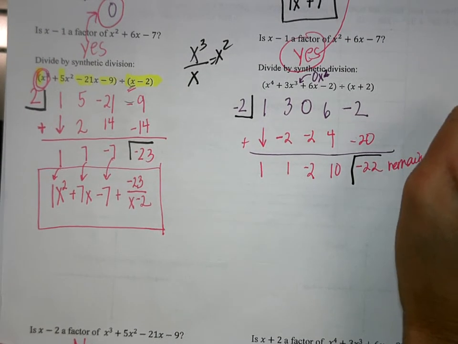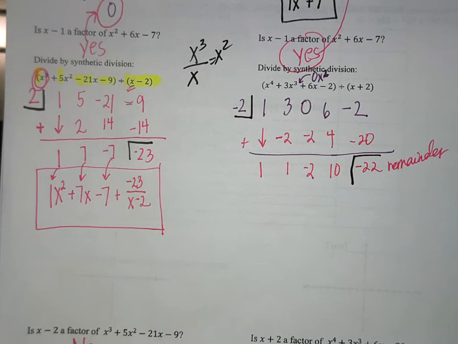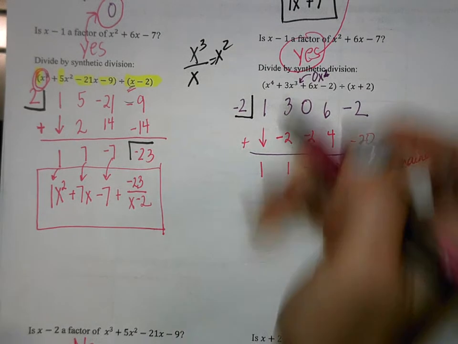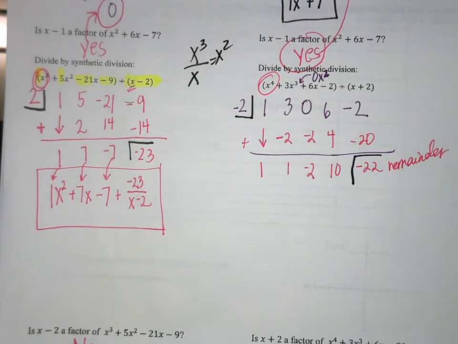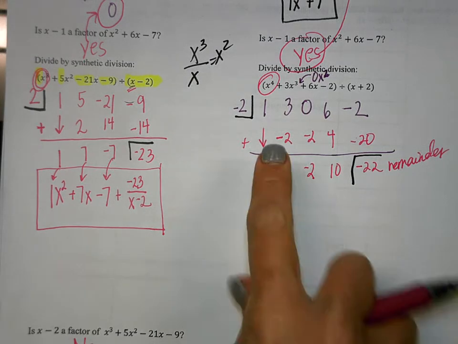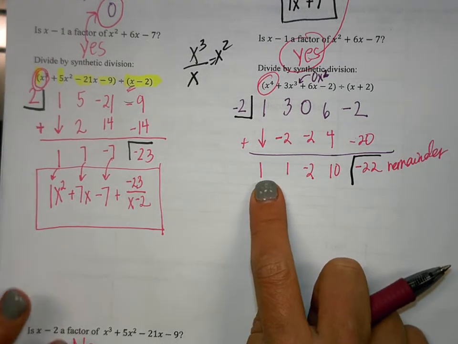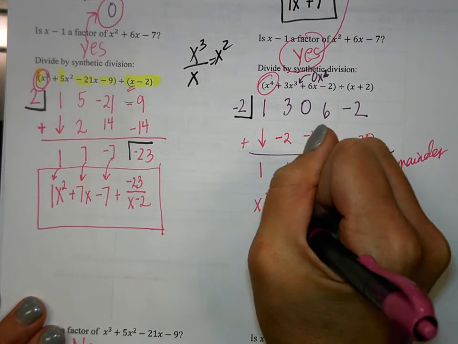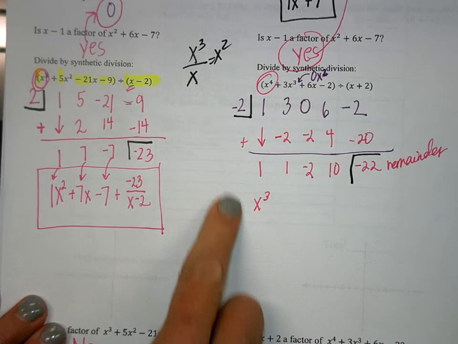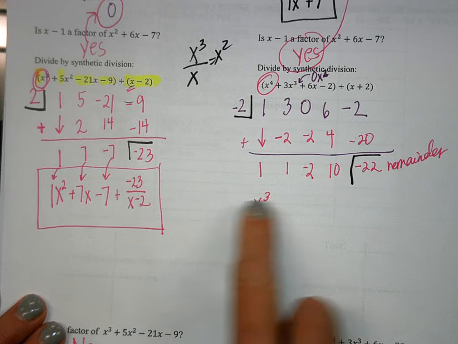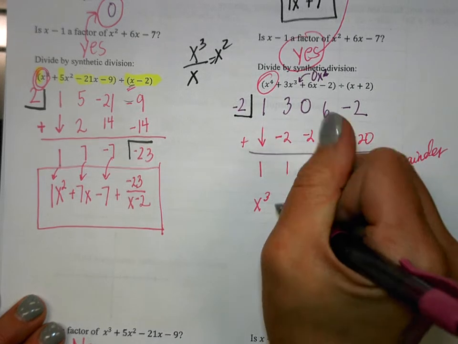Okay, so let's go ahead and write this out. Since this problem started with x to the 4th, and we were dividing out an x, this first one is going to start as x to the 3rd. I can put a 1 in front if I want to, but I don't have to write the 1. My next term is going to be x squared.